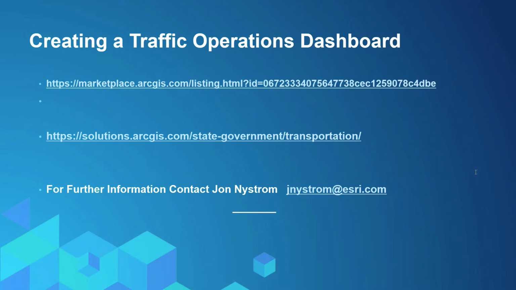But if the DOT had that, then we could do that kind of real-time analytics with GeoEventServer and incorporate that in. So you've got lots of different options: either just use this feature service from the marketplace, or write some Python code to pull it in and maybe do some display with it, or use GeoEventServer and do some real-time analytics.